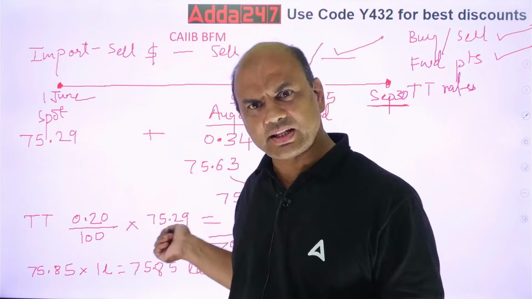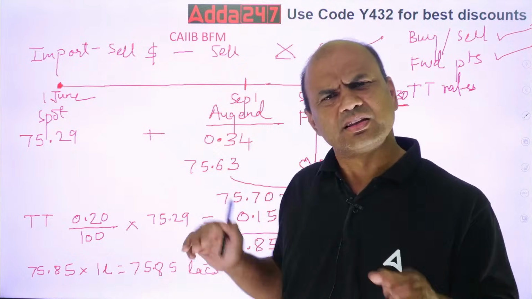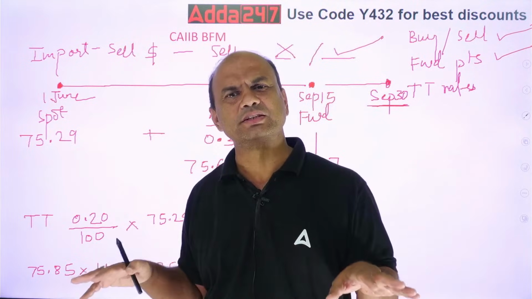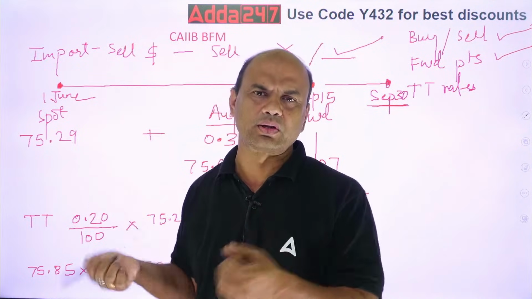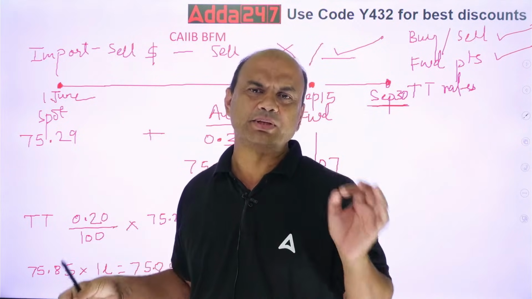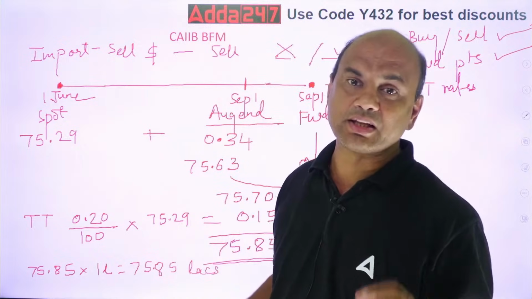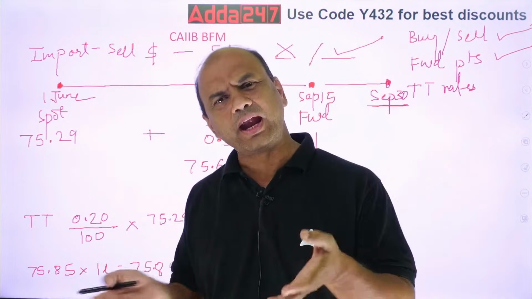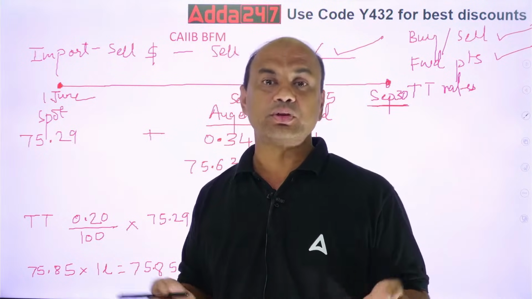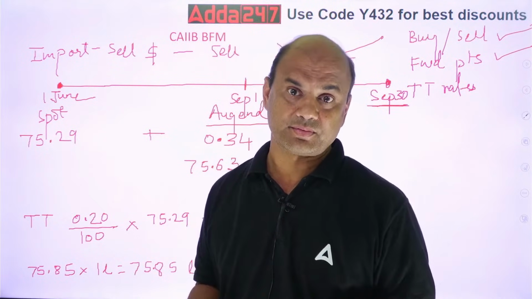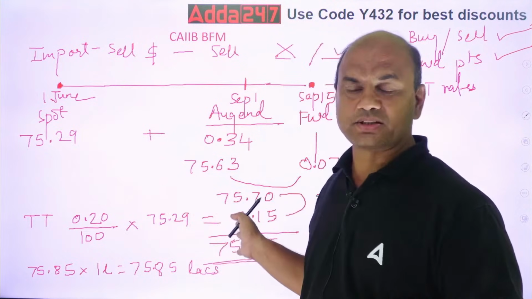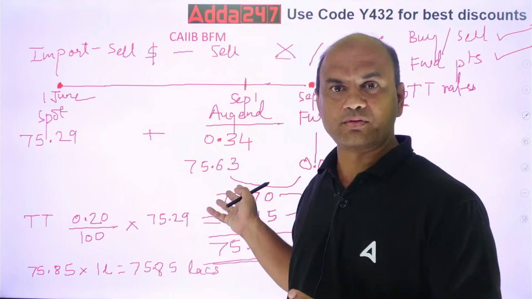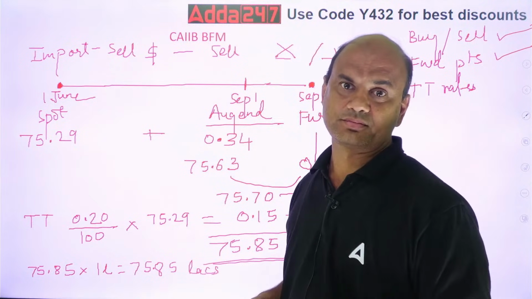So always while selling, you will try to add whatever expenses have occurred. So this is an expense. The logic is simple in all businesses, whether you are selling a refrigerator or selling dollars. The seller will always try to add the expenses so that he doesn't have to bear them. If this is not added, then the TT expenses, the seller or the bank will have to bear them.